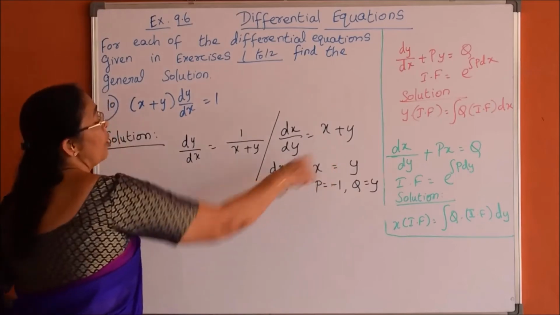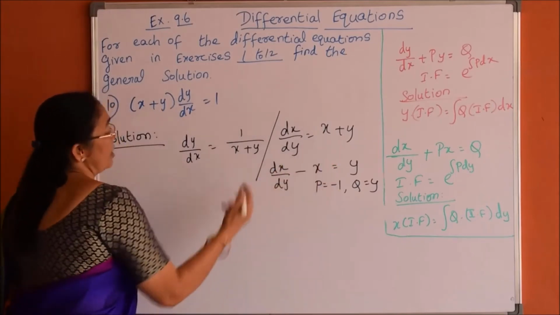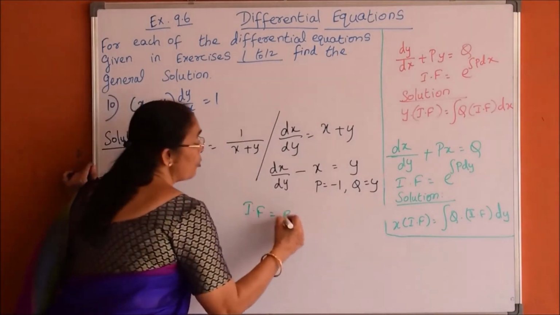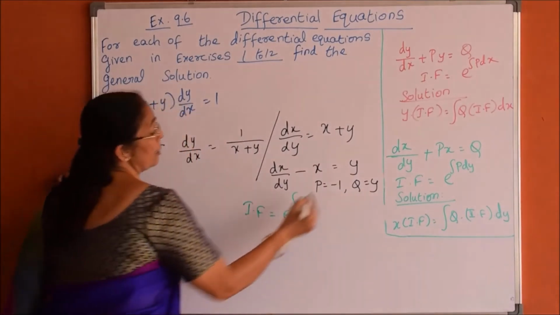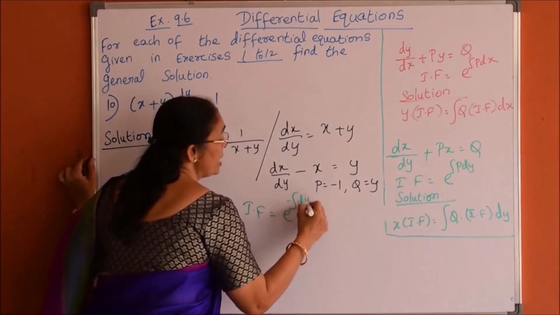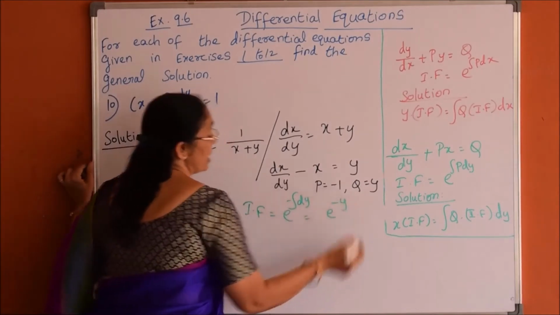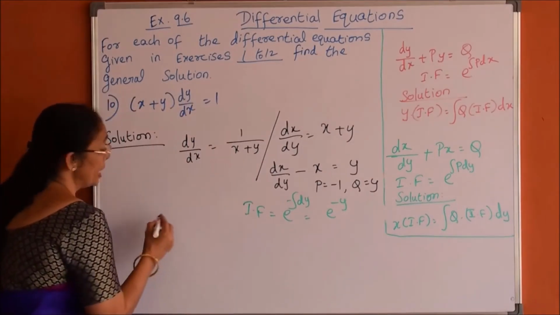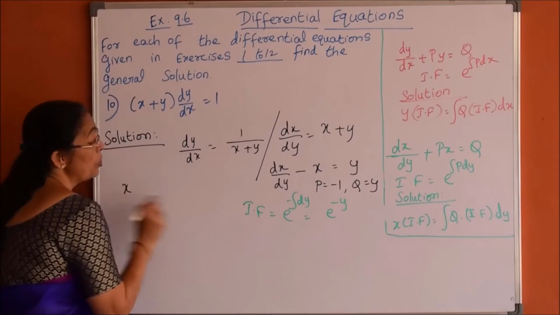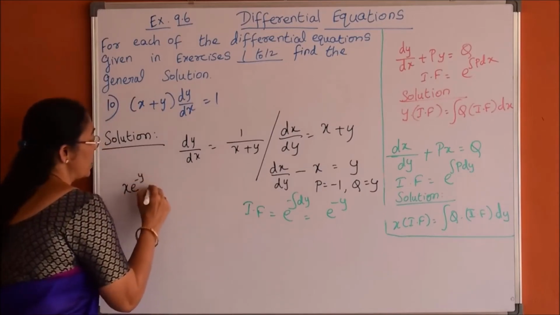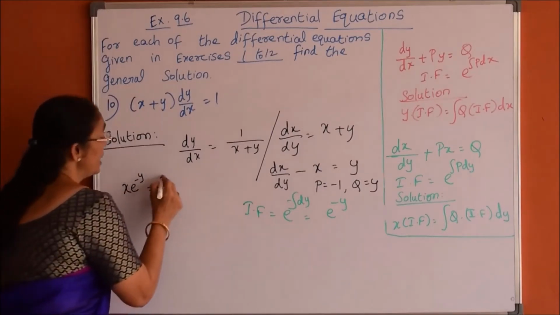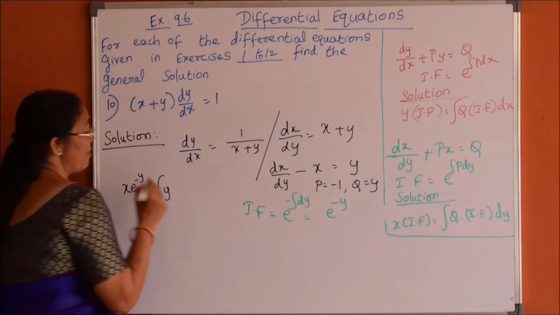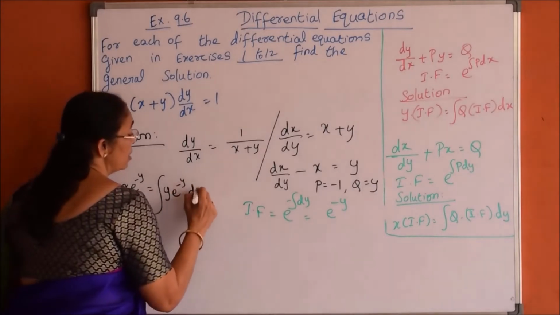For second form, our integrating factor is equal to e to the power of integration of P dy, P is minus 1, so minus dy, which is e power minus y. Therefore our solution is x into integrating factor, e power minus y, is equal to integration of Q function, y into integrating factor e power minus y dy.